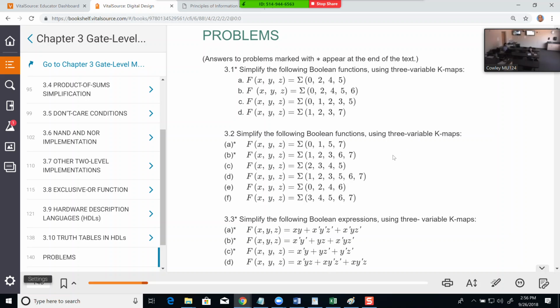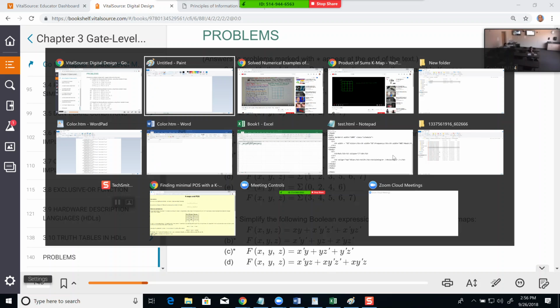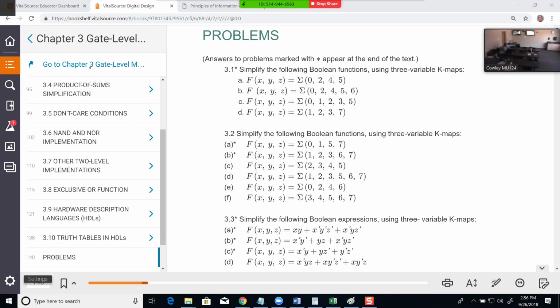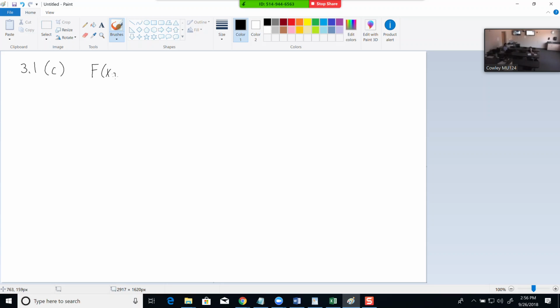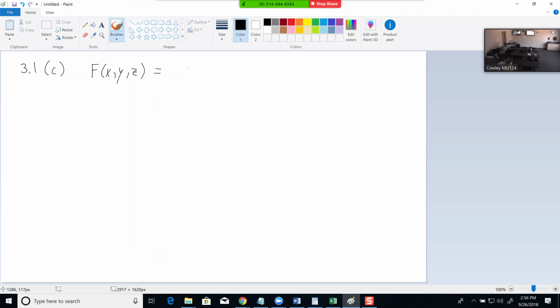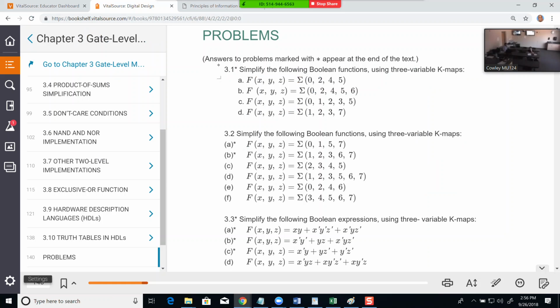Okay, so let's take a look at 3.1 part C. And that says that we got f of x, y, z is equal to 0, 1, 2, 3, 5.